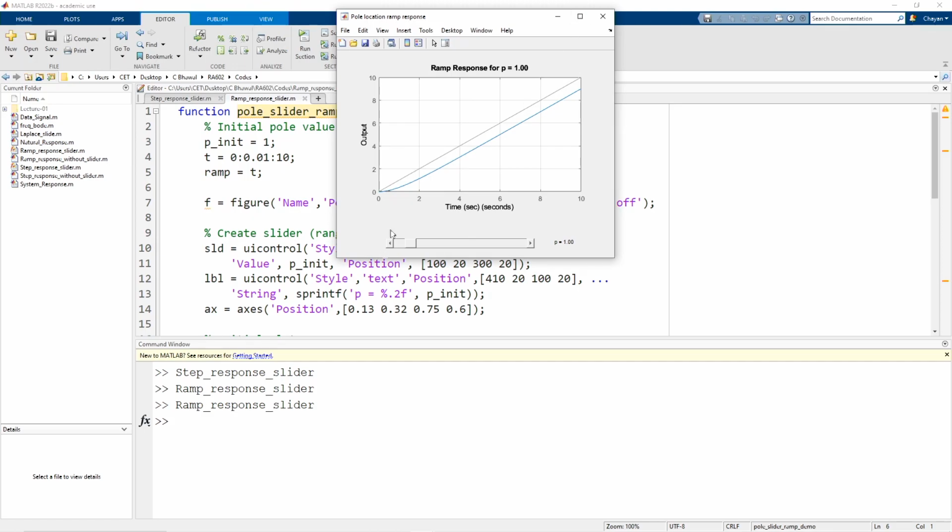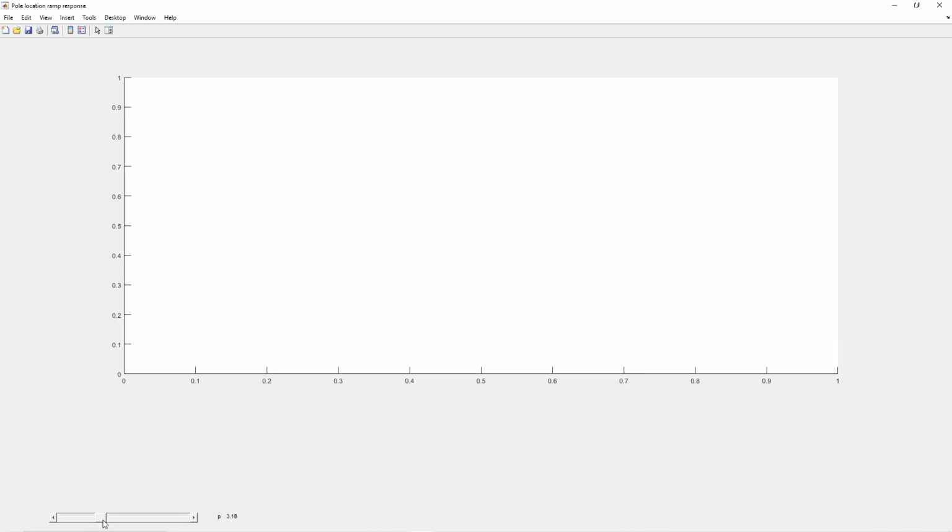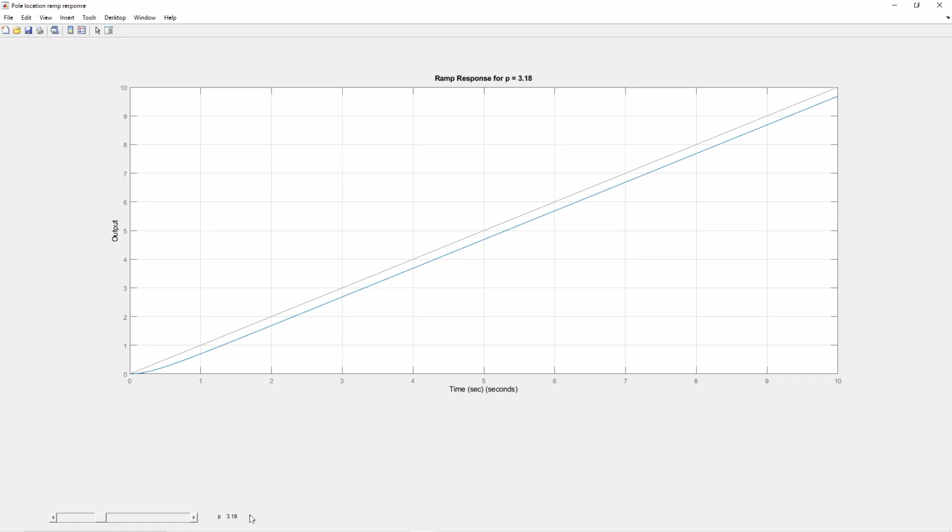So, we can actually go ahead and look at this plot, which is the response of the system. Again, I am not getting into the code. This is the value of p. The pole is at 1, which means 1 by T is 1, so T is 1 in this case. Now, as I increase the pole, you see p is now at 3.18, which means T is 1 by 3.18. So, this distance is 1 by 3.18, which means it is decreasing.